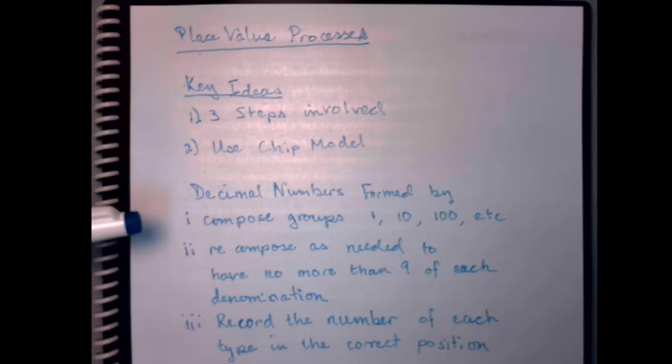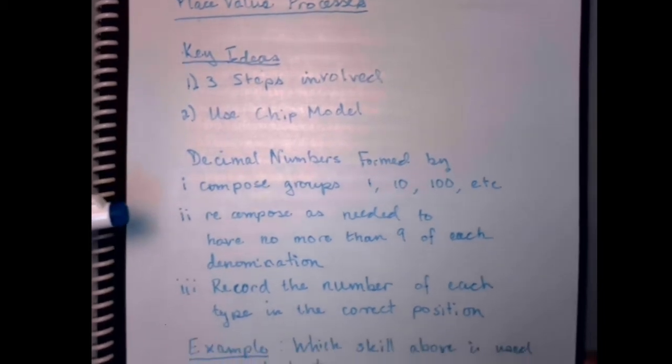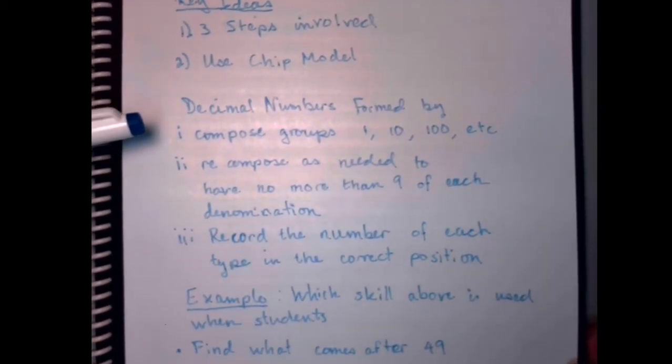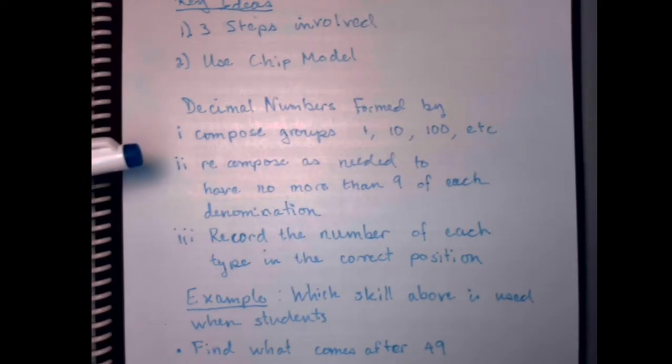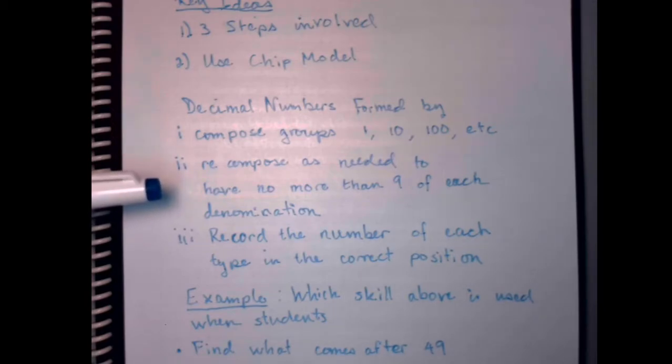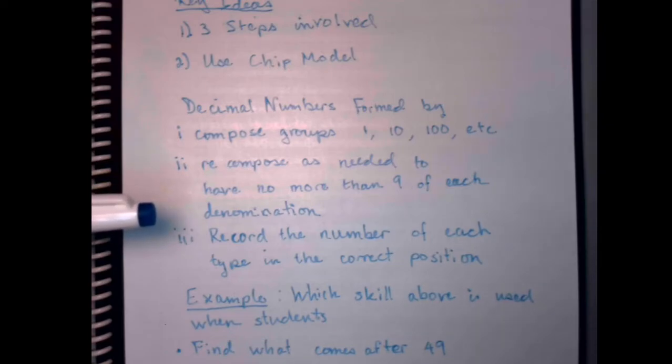Okay, so the stages of forming a decimal number are composing the various groups. You've got to group the ones, the tens, the hundreds, etc. You do need to recompose some of the time in order to ensure that you have no more than 9 of each kind.